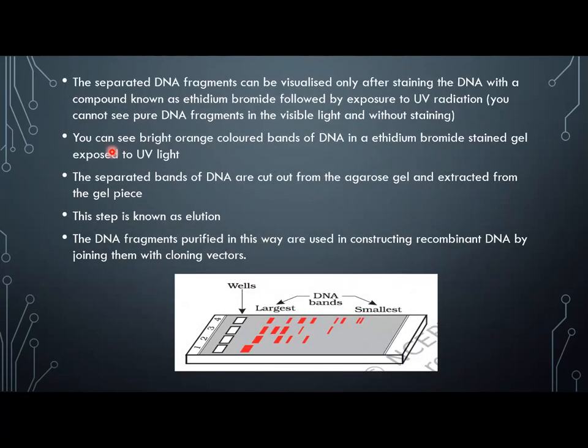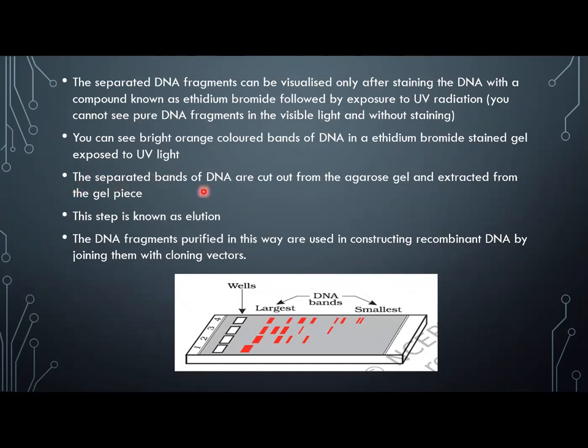The separated DNA fragments can be visualized only after staining the DNA with a compound known as ethidium bromide, followed by exposure to UV radiation. You cannot see pure DNA fragments in visible light without staining. You can see bright orange colored bands of DNA in an ethidium bromide stained gel exposed to UV light.